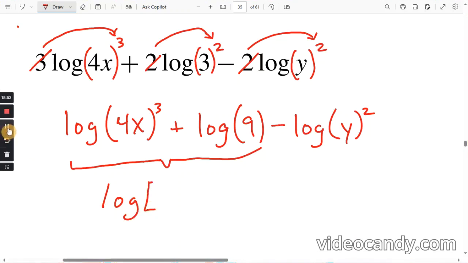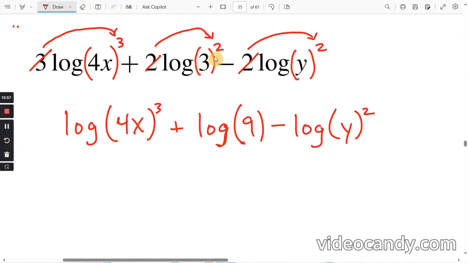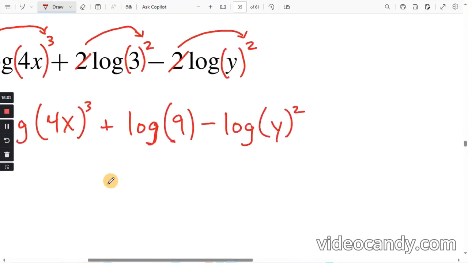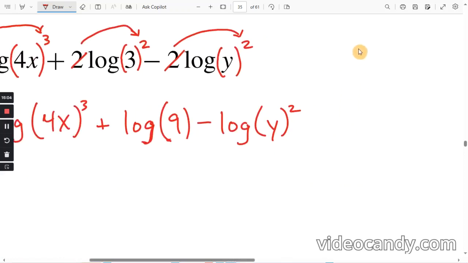actually I missed this step, let me fix that. All right, this here we want to combine, see I did the 3 squared is 9, I want to simplify 4x to the third. All right, I'll do that off to the side. 4x to the power of 3, that exponent gets applied to both the 4 and the x.